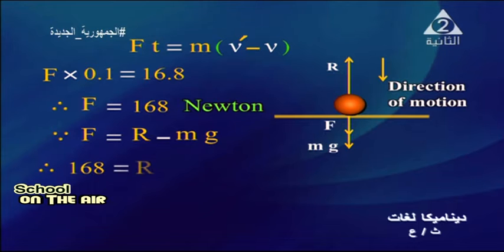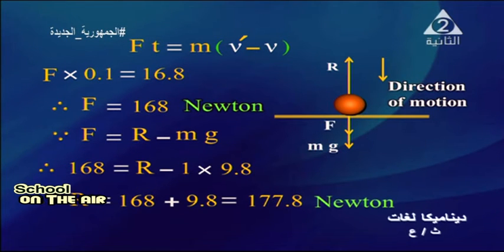Then 168 Newton equals R minus m, which equals 1 kilogram, times g, which equals 9.8 meter per second squared. Then the reaction R equals 168 plus 9.8, which equals 177.8 Newton.